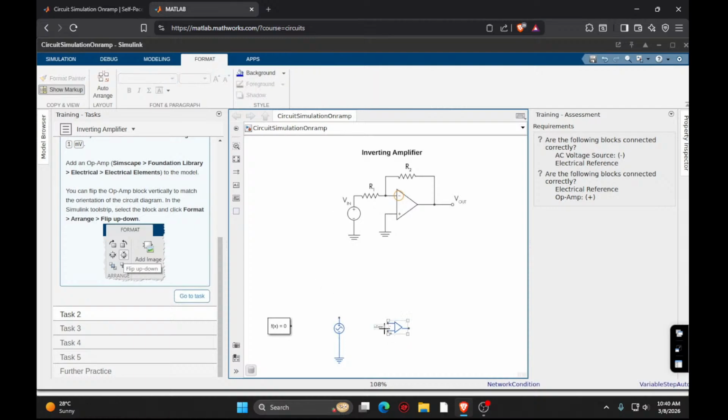That is perfect. Connect the positive port back to the reference.